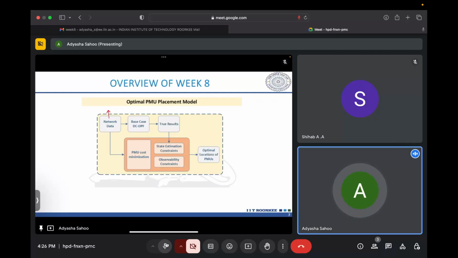Then the objective of this optimization model is cost minimization, subject to various constraints, and these constraints are primarily your state estimation constraints and your observability constraints.